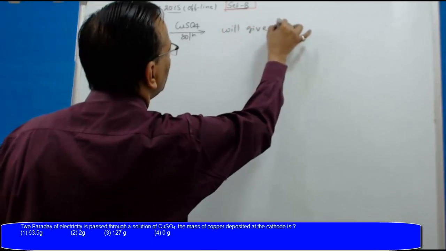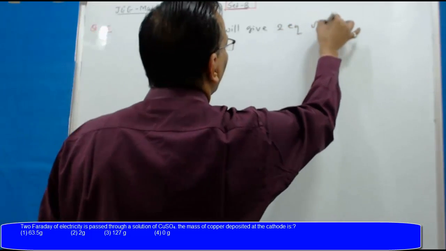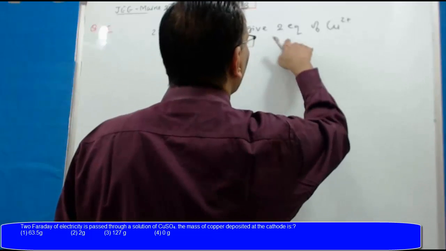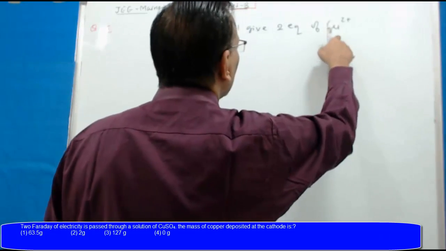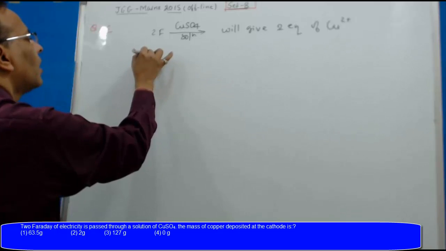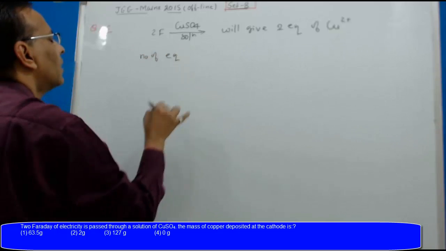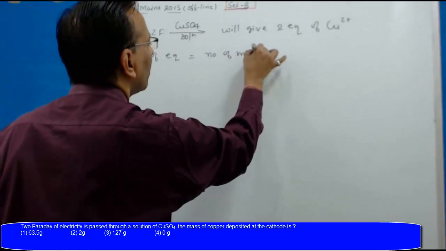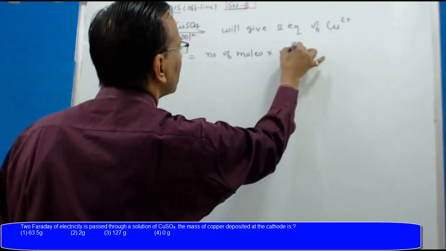2 equivalent of Cu2+. 2 equivalent of this. And we all know that number of equivalent is always equal to number of moles multiplied by n factor.